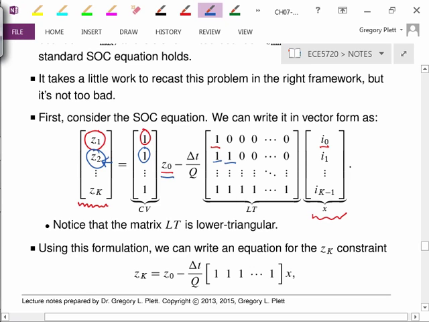And you keep on doing this for all of the states of charge up into and including time k. We get state of charge at time k is 1 times Z0 minus delta t over q times 1 times I0, 1 times I1, 1 times I2, 1 times I3, all the way up to 1 times Ik minus 1. So this is the state of charge equation.